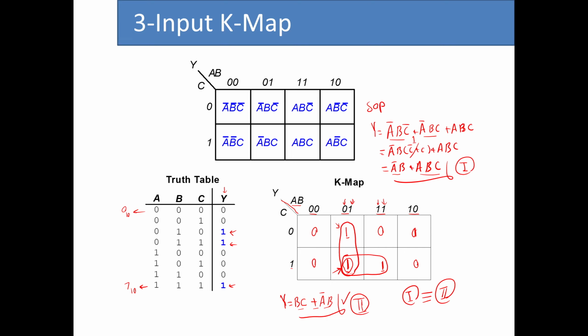So you can get the exact same result if you consider the possibility of adding some terms into your sum of product form. Let's say you have a function x, and it is AB plus CD.